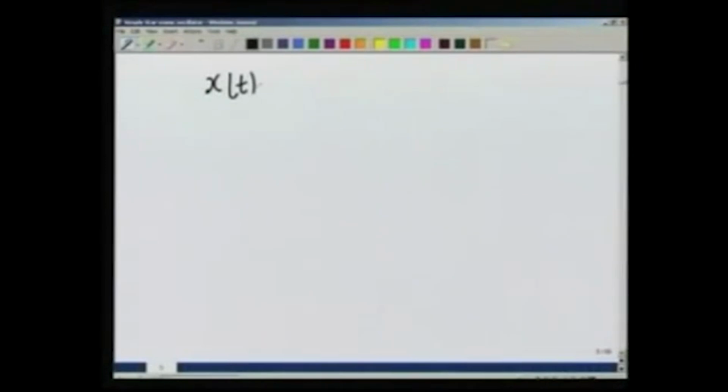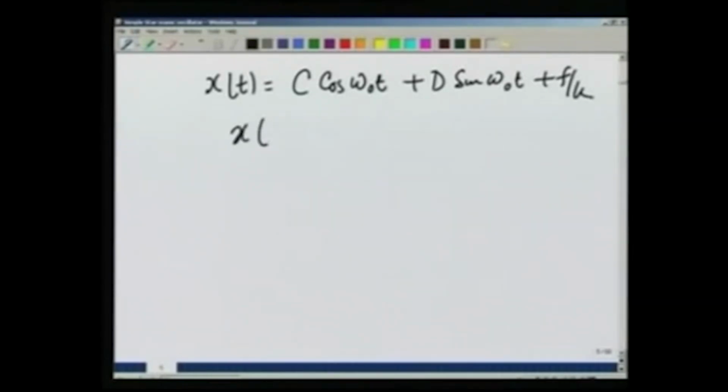So, the initial conditions we have this time are, let me first write the solution once again, x(t) is equal to c cosine of omega 0 t plus d sine of omega 0 t plus F over k. I stretched the block out, that means I took the block from x equal to 0 to some distance A and released it with no initial velocity.